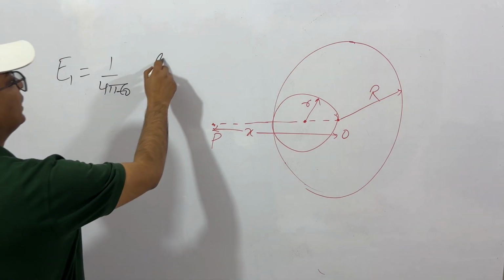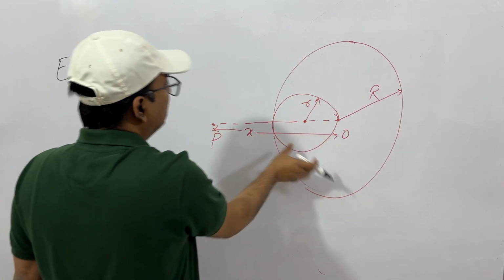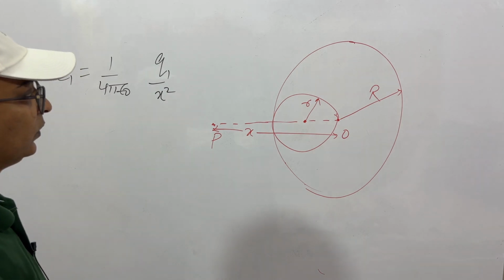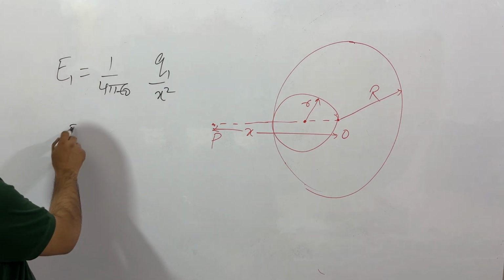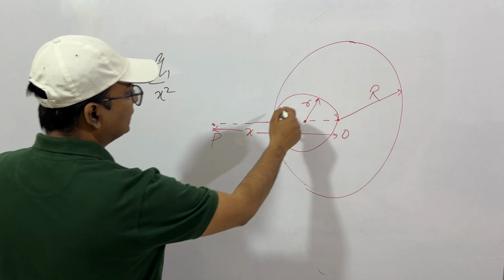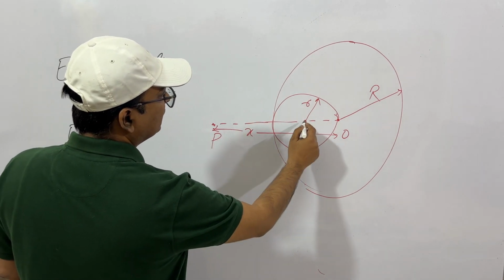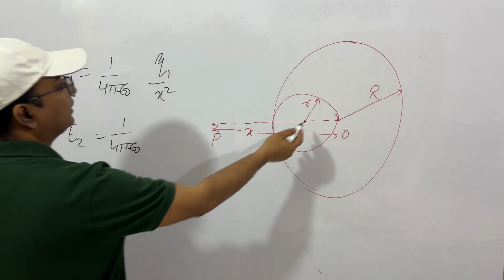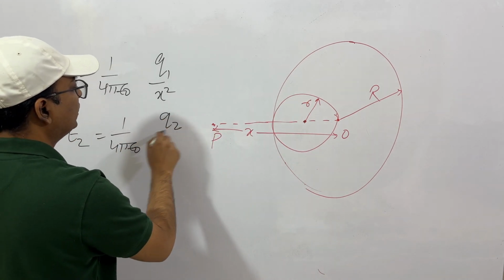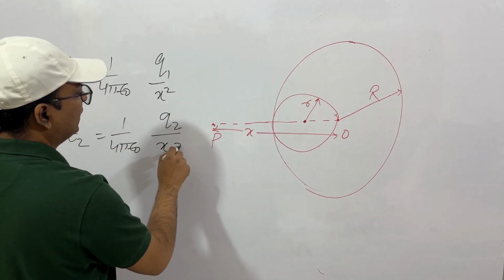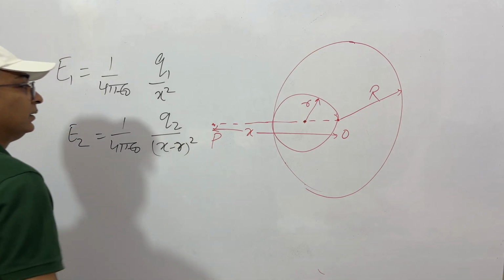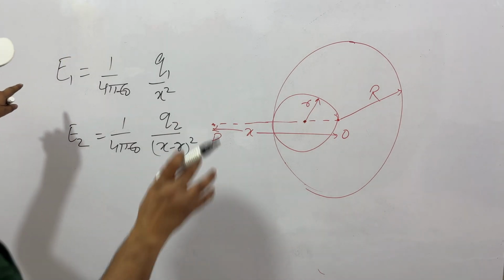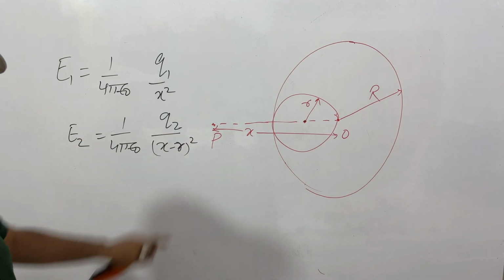So let's say the charge on this portion is Q1, so it is Q1 by x square, and E2 because of this will be, this is x and this is r, so we'll have E2 equal to 1 by 4 pi epsilon 0. Let's say the charge on this sphere is Q2 and this will be x minus r. This is simple, and we'll add the two. Add the two means this is gone, so this minus this will be the electric field at this point.